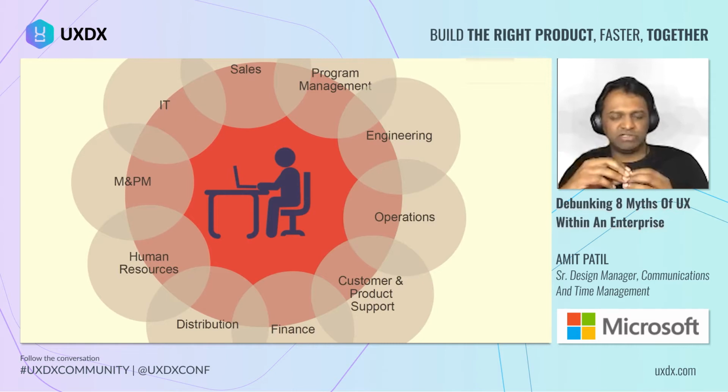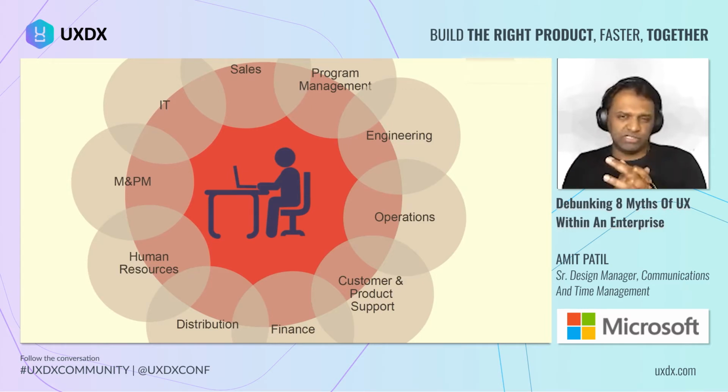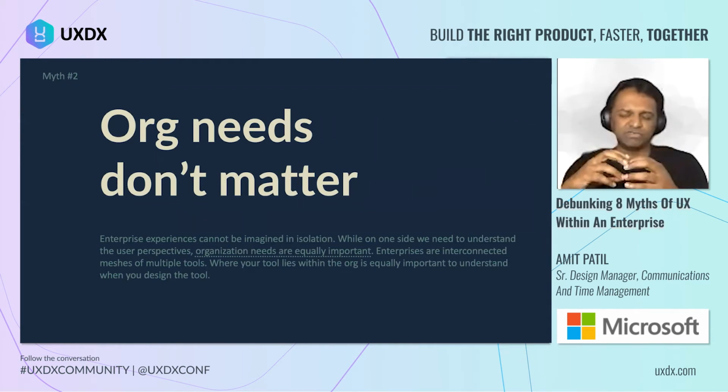Each user handles different software, ranging from time management to vendor management to even everyday communications. Sometimes we don't even know what software is used within the same organization. The reason I bring this up is myth number two: org needs don't matter. This is another big myth that we tend to have when designing enterprise user experience.